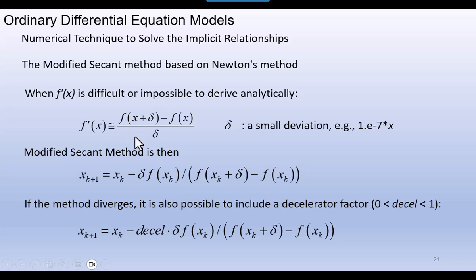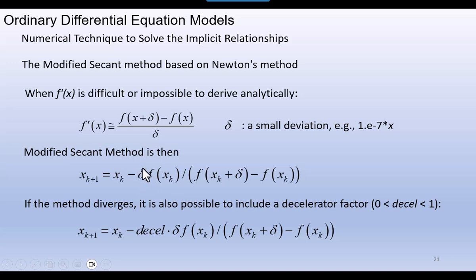And this gives us a good estimate for the derivative. So we substitute this into the Newton's method formula to get the modified secant method formula, where the denominator becomes this difference here, and then this delta moves to the numerator and sits here.